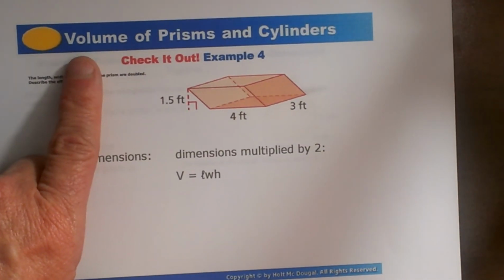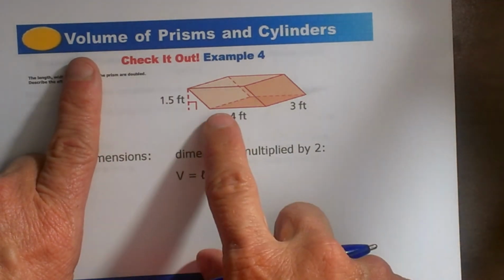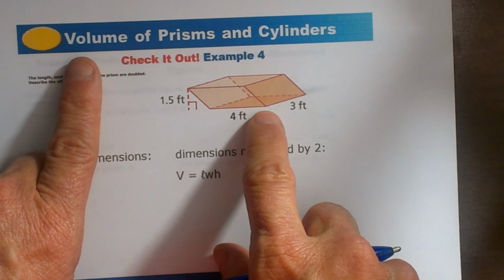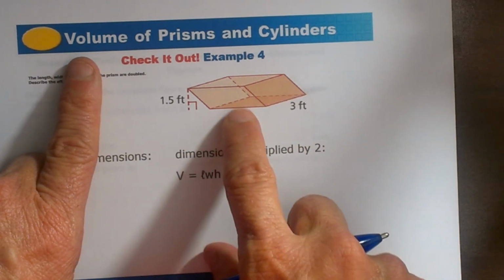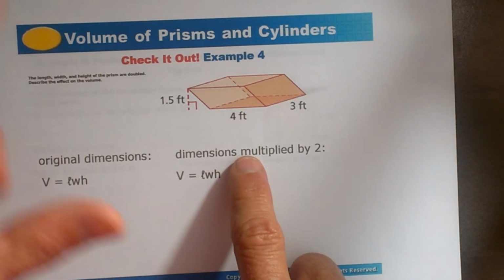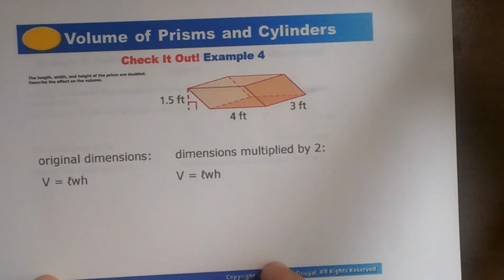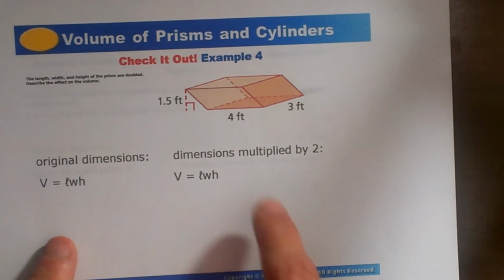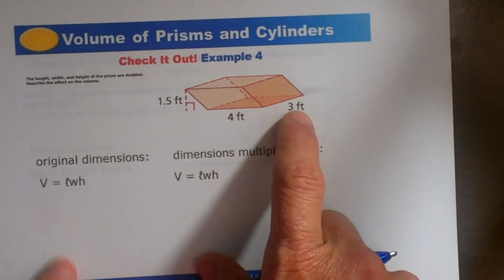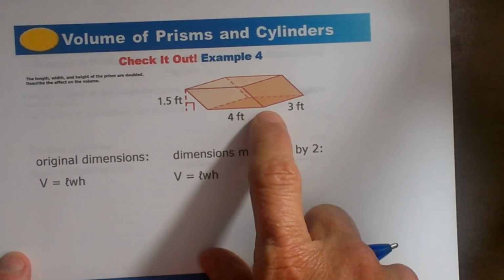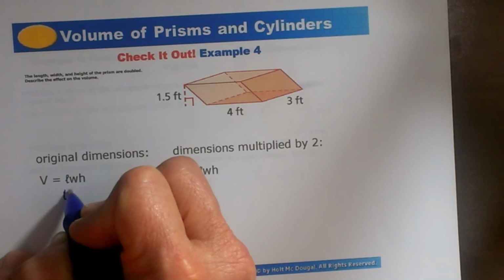Okay, let's look at this oblique, and let's talk about what this is called. Well, the bottom of it is what shape? It's a rectangle. So this is a rectangular prism, but is oblique. So it's an oblique rectangular prism. Okay, so we need to find the base area, don't we? So the base area is just going to be length times width, which is 4 times 3.